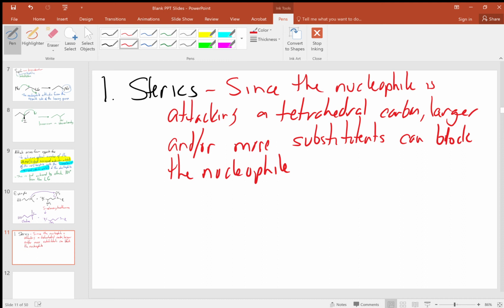Why is that? And then we'll look at some numbers. Again, let's think about what's going on in this reaction. So our nucleophile comes in, attacks the electrophile, kicks out the leaving group.